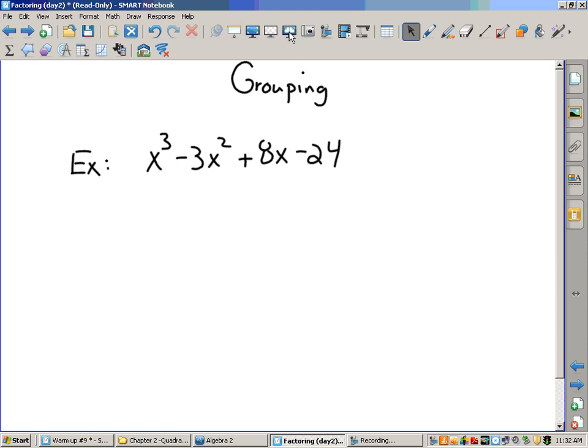I have made this trinomial a special one because I've manipulated the numbers so it factors by using grouping very nicely. In other words, if I was to change this to a 23, it wouldn't work. If I change any of these numbers up here, it may not work. How we do this by grouping is we're going to take and group together these 2 problems right here.